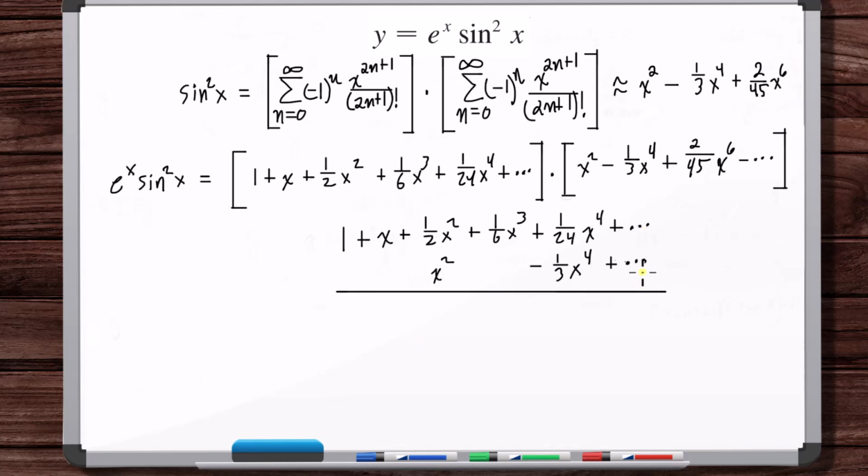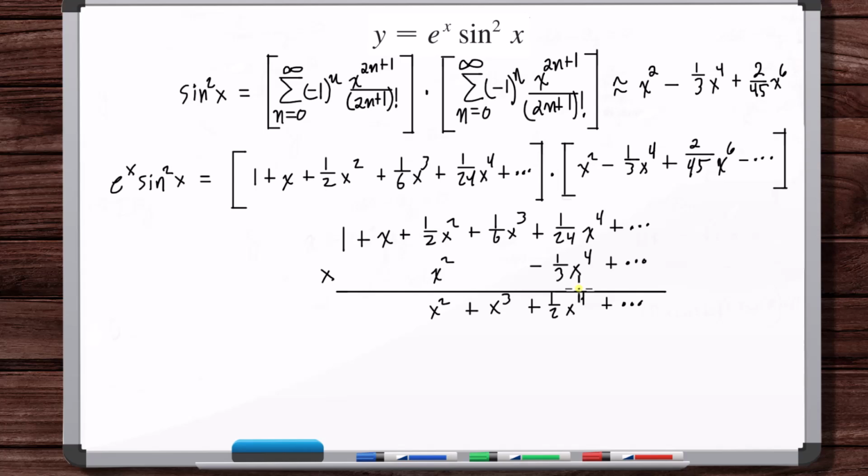Okay. So we're multiplying these two. X squared, just go through each of the terms. X squared times 1 is x squared. Put that here. X squared times x is x cubed, positive x cubed. X squared times 1/2 x squared is positive 1/2 x to the 4th.